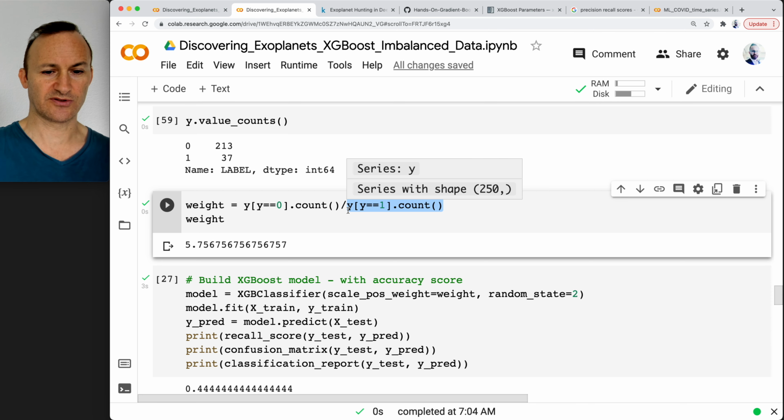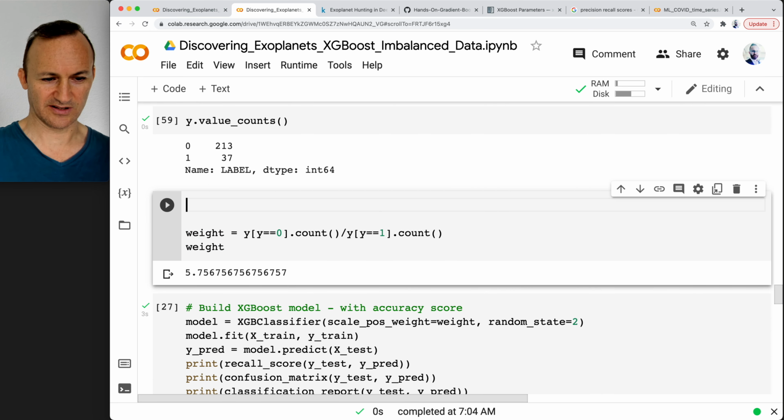So in effect, you're taking 37, that's kind of like the row 1, label 1, times 213 divided by 37. And so then the 37s cancel out, and you actually end up with a weight so that it's also equivalent to the 213.